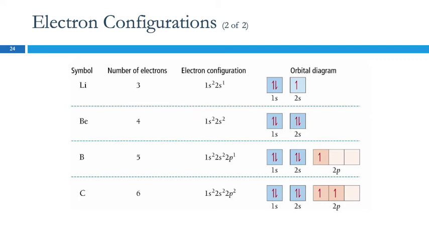So we looked at hydrogen and helium. Here's lithium, beryllium, boron, and carbon. So this is how we usually draw orbital diagrams, just on a single line, because if we drew these big things, it doesn't fit very well.